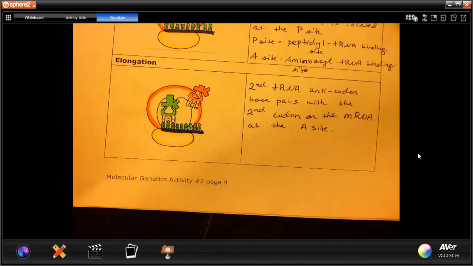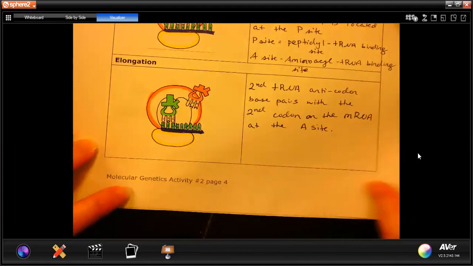Well, actually, it's that the tRNA is used to build the protein. So the second tRNA anticodon comes in and base pairs with that second codon on the mRNA at the A site.